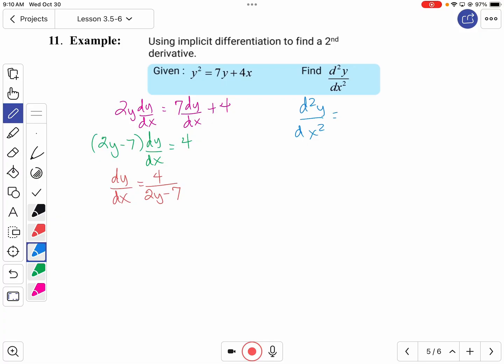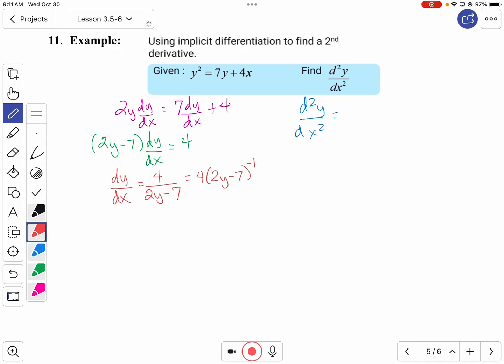To help myself avoid the quotient rule, I'm going to bring that 2y minus 7 up as 2y minus 7 to the negative 1. Okay? So doing a little finagling. Now, I'm going to do a chain rule.